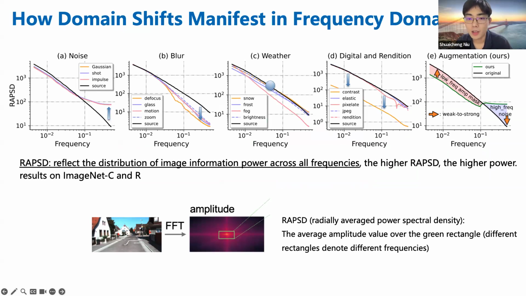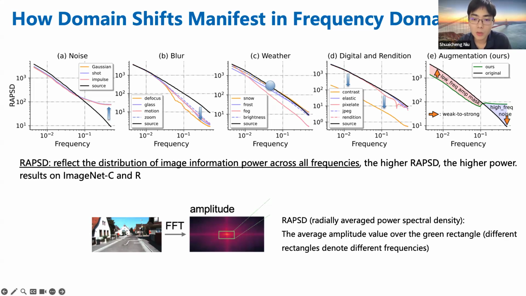To be specific, the RAPSD is calculated on the amplitude component. For example, in this amplitude, the pixels on each centered rectangle, such as this green rectangle, share the same frequency. Then the average value over this green rectangle denotes the RAPSD at this frequency. Generally, the higher the RAPSD, the higher the information power.